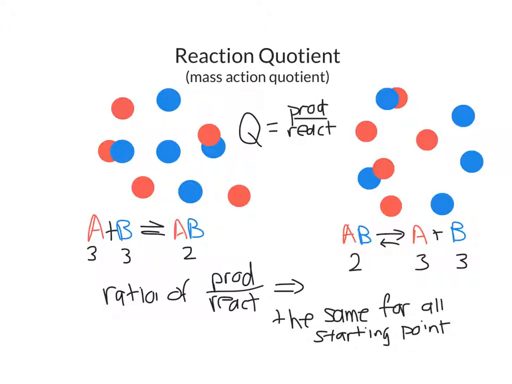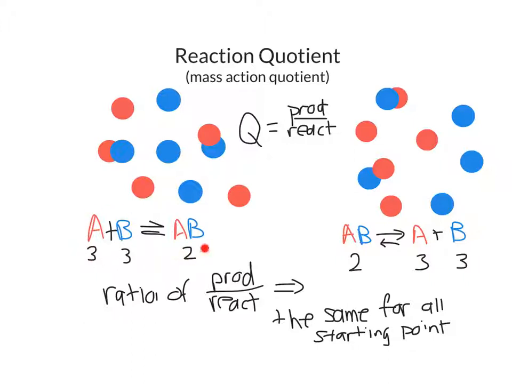Notice also that this reaction has come to equilibrium, but there is not an equal number of products as there are reactants. And so a common misconception is that equilibrium means that there's the same amount of products as there are reactants, and that is simply not true.